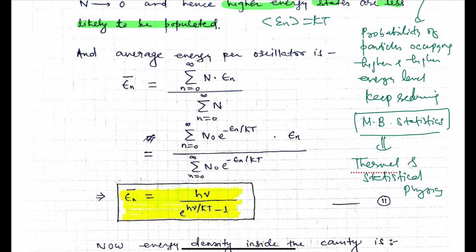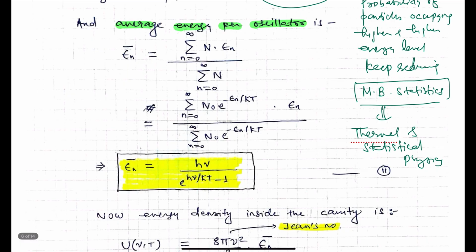So now let us try to find the average energy, because earlier we had the average energy equal to kT from the classical equipartition theorem, but right now it is not correct because energy is quantized and it is not continuous. So it must change. That is our argument. So the average energy per oscillator is given by this particular form, where it is the summation of n times the energy, from n equals 0 to infinity, divided by the summation of n. Okay.